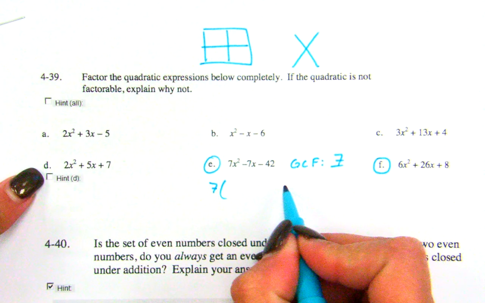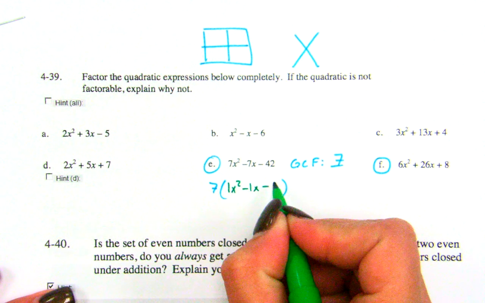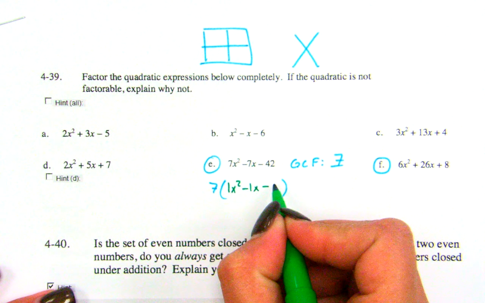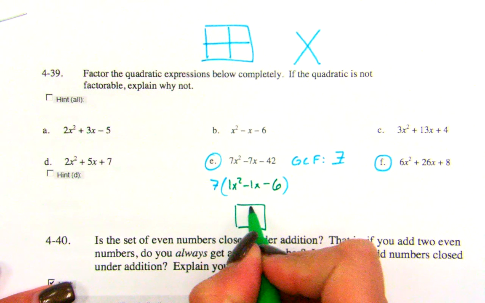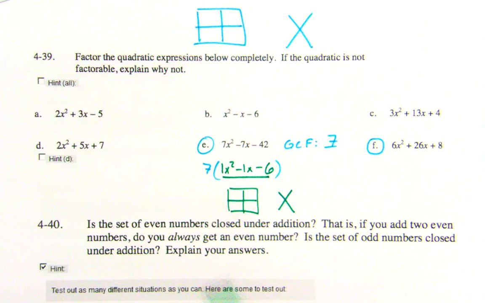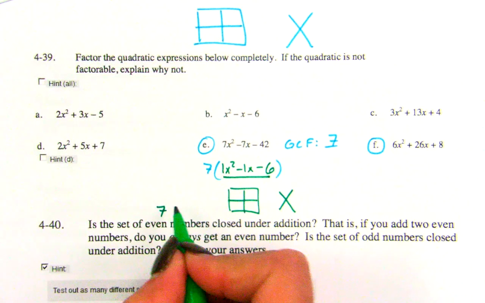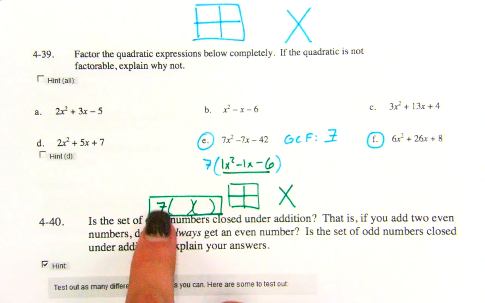When you factor it out, what's left over should be 1x squared minus 1x minus 6. Then do a box and a diamond for the information in the parentheses. As a final result, you should get 7 times something times something. Your actual product will be written with the 7 on the outside.